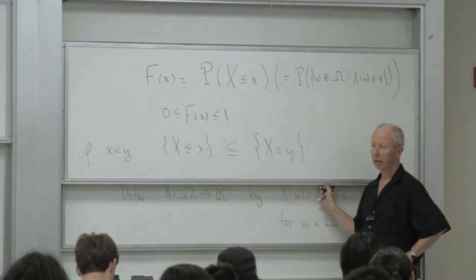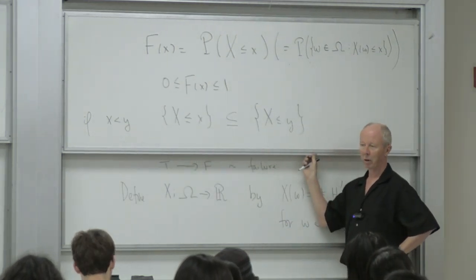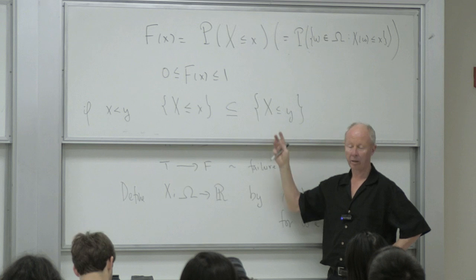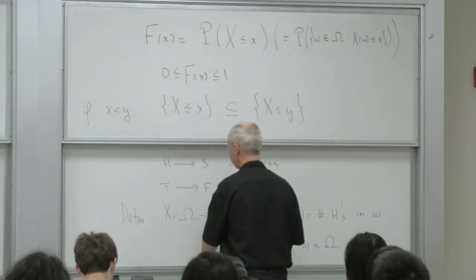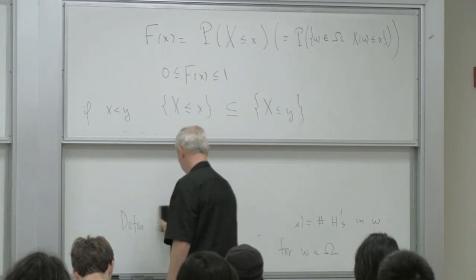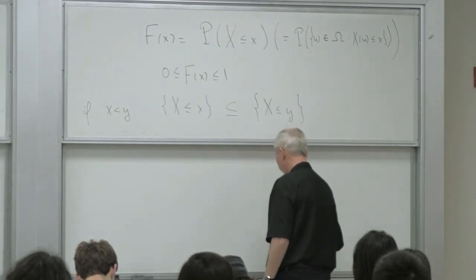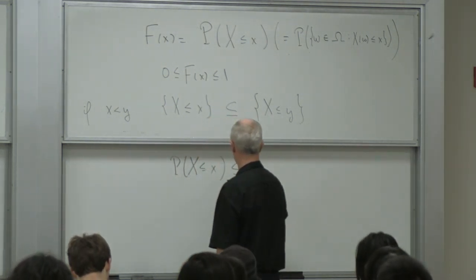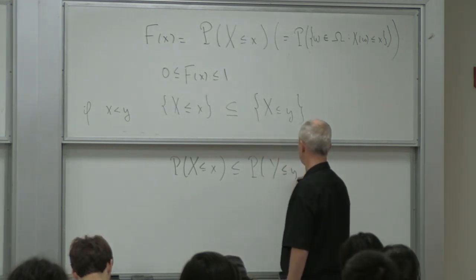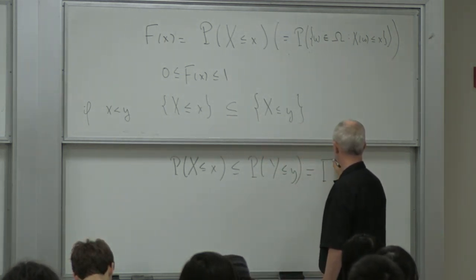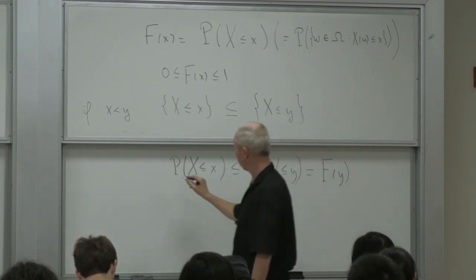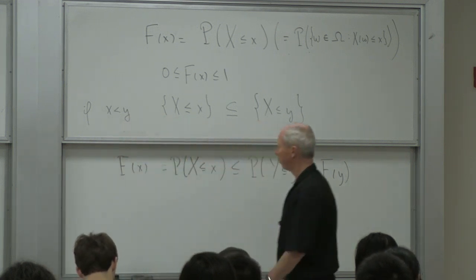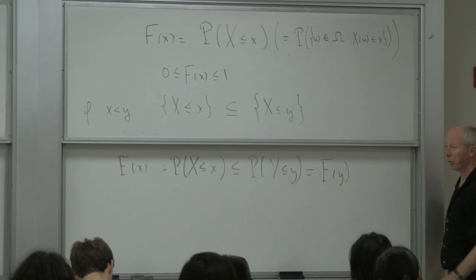All right? And now if you have one set as a subset of another, what about the probabilities of those sets? Probably this set would be smaller than that set, right? So if x is less than y, capital F of x is less than or equal to capital F of y.